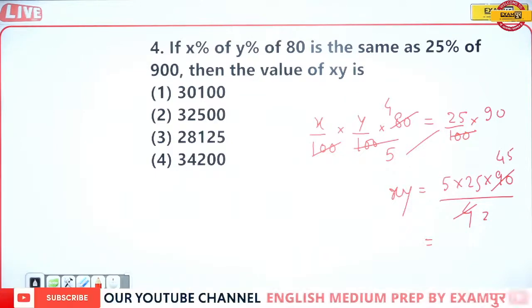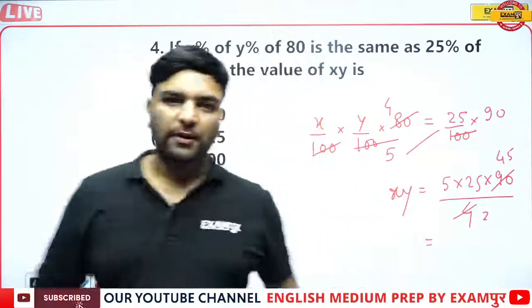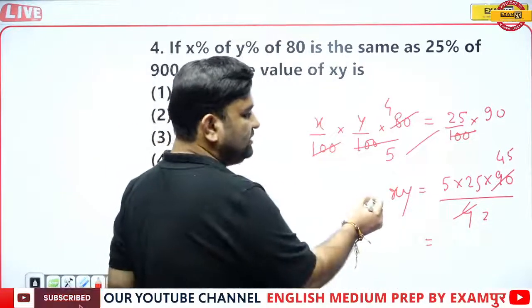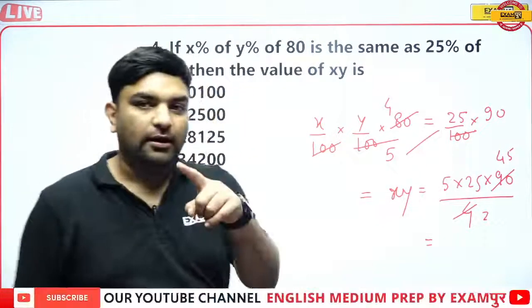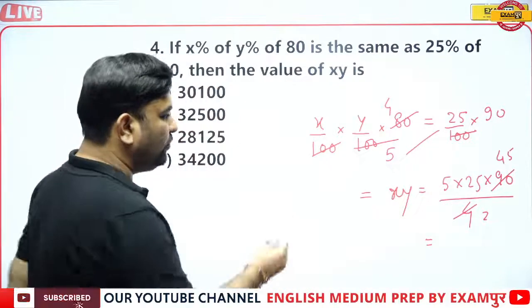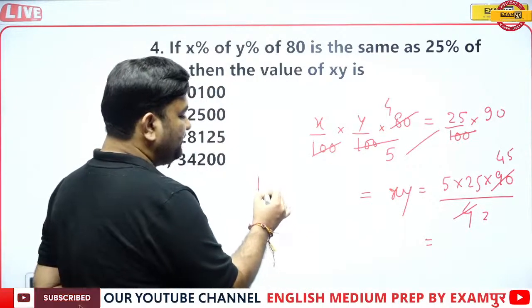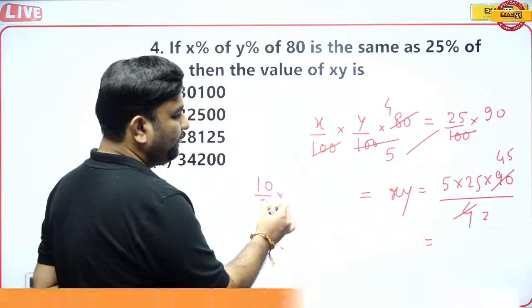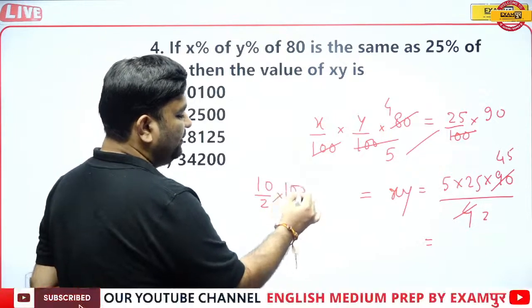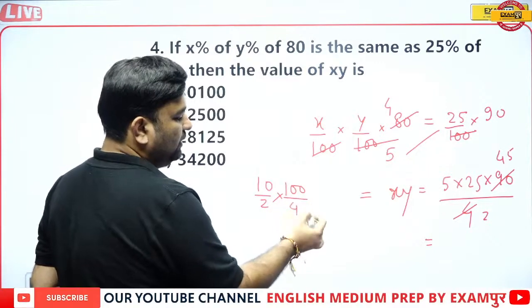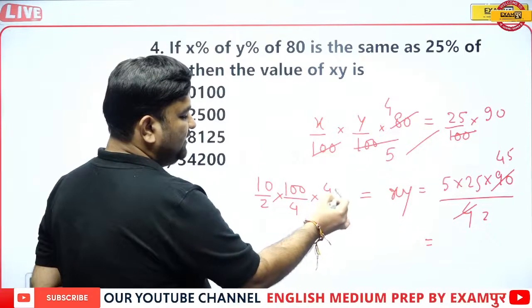Now the choice is yours, how you want to do this multiplication. I'm going for one way. I'm writing 5 as 10 by 2. I'm writing 25 as 100 by 4. Then 45 is there, 2 is there.